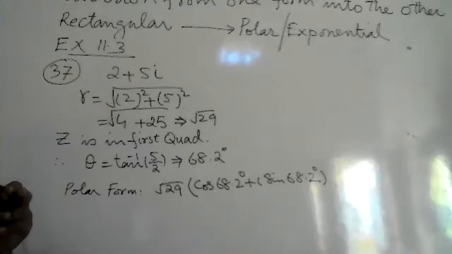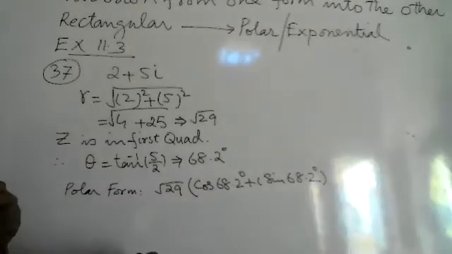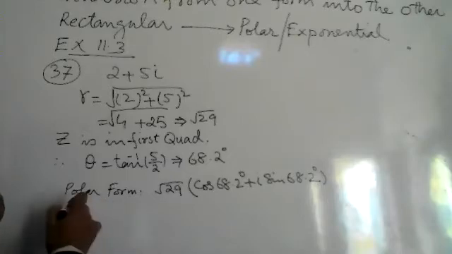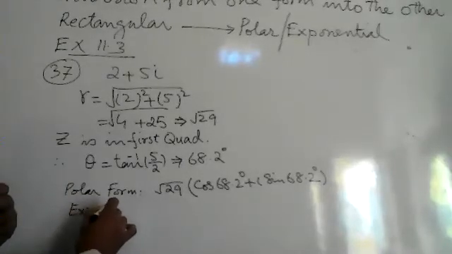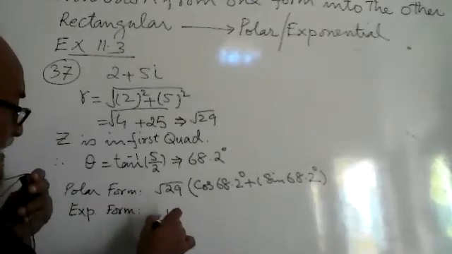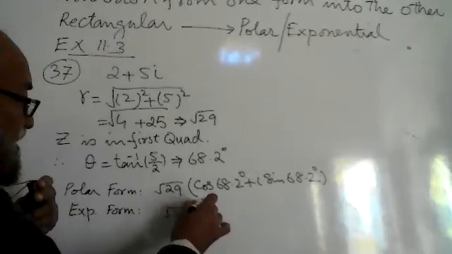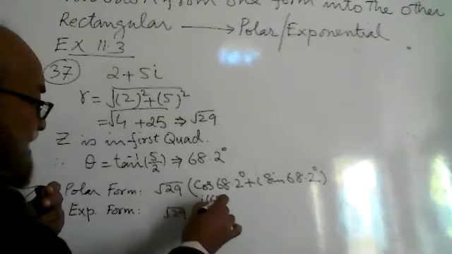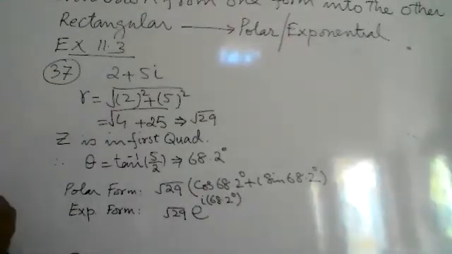This is the polar form, r cos theta plus iota sin theta. And the exponential form is root 29 e raised to the power iota into 68.2 degrees. This is the exponential form.